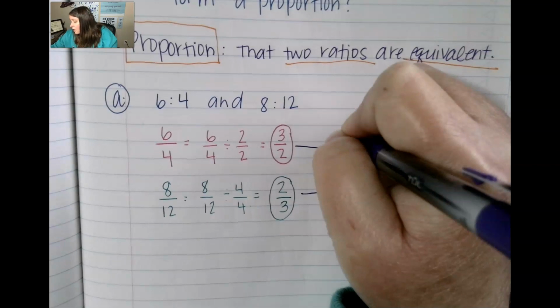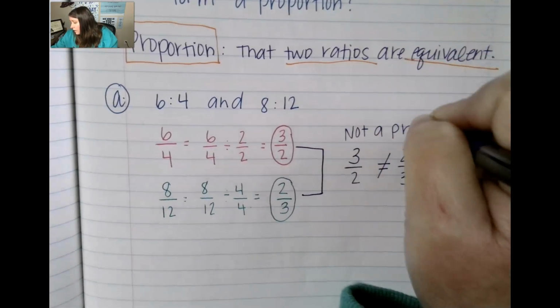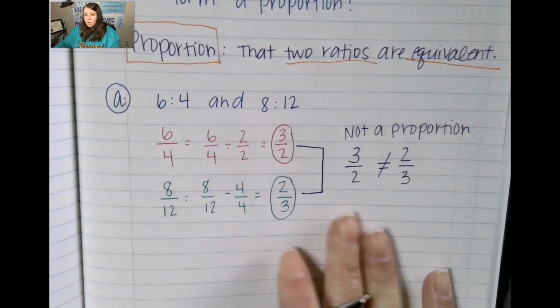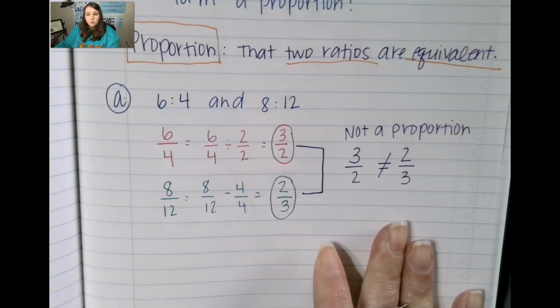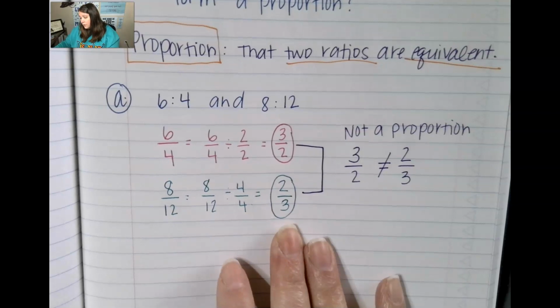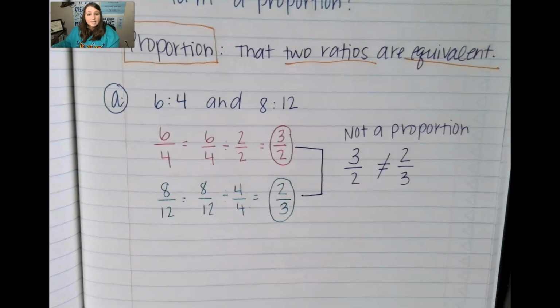So these ones are not a proportion. They do not have equal outcomes or equal values. So to find a proportion, we're looking at the value of the ratio and seeing if it is equivalent. And in this case, they are not equivalent.